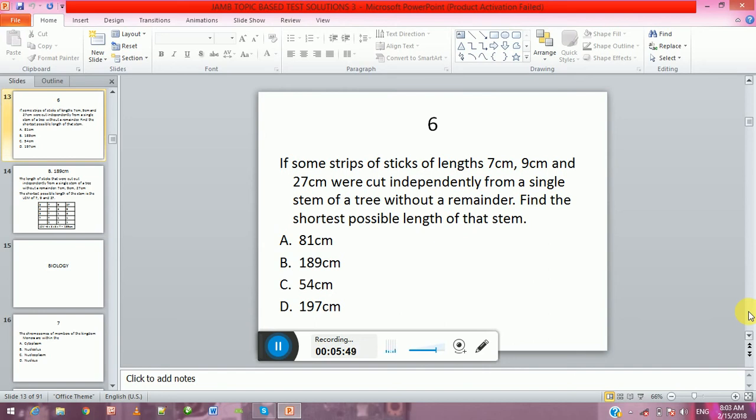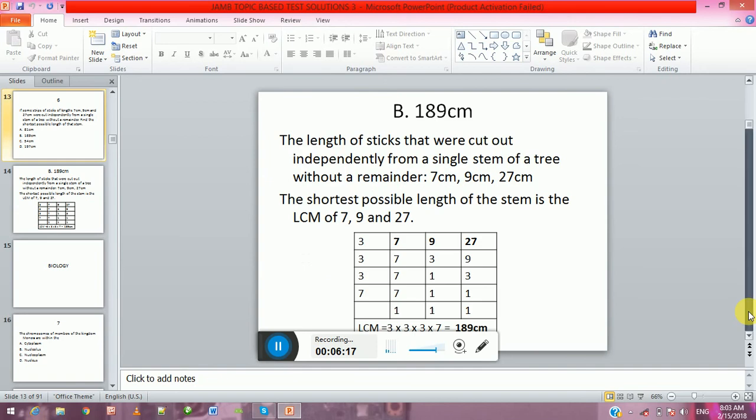Whenever you're given a question like this, you just simply find the LCM of the numbers that you're given, since they are cut independently. Take note of that word, independently. That means you can get each of those numbers on their own from the stem. So the options are 81, 189, 54, or 197 cm respectively.